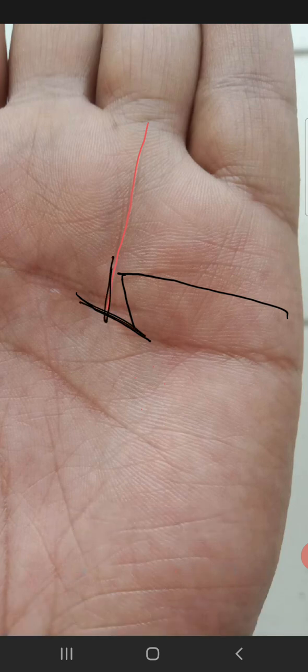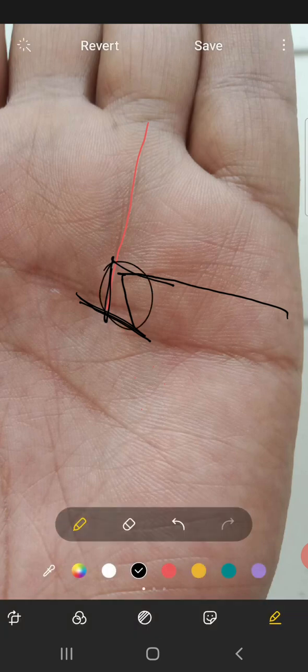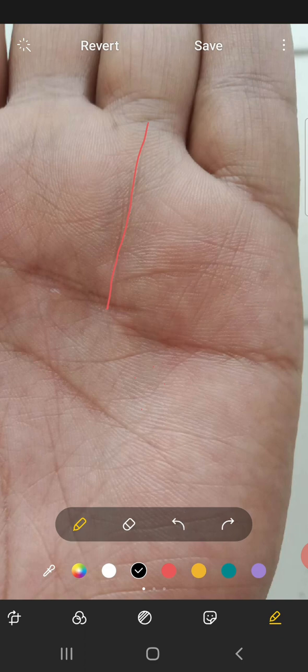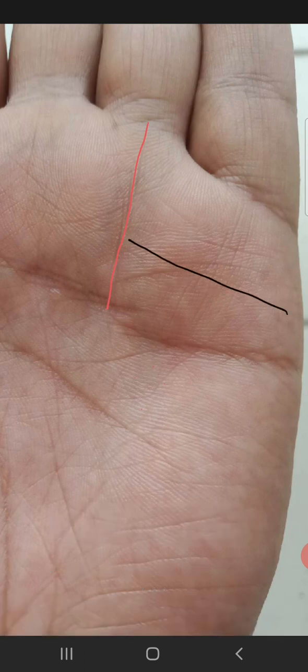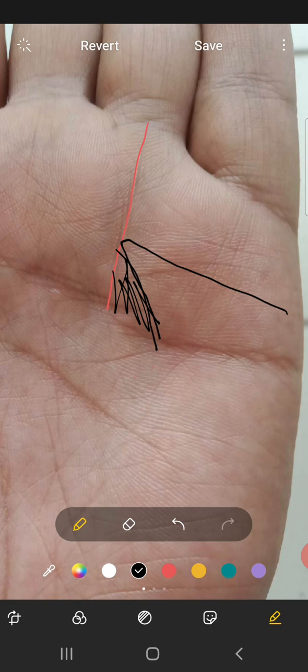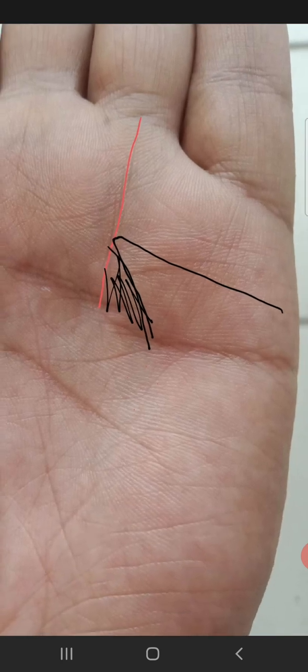But remember, when this line forms a triangle, there are chances of extramarital affairs also, because the bigger the triangle it makes, for example, it goes like this and probably the line drops like this. The bigger the triangle, the more chances of extramarital affairs or affinity for a second partner, for some other female, or if it's a female, a male.